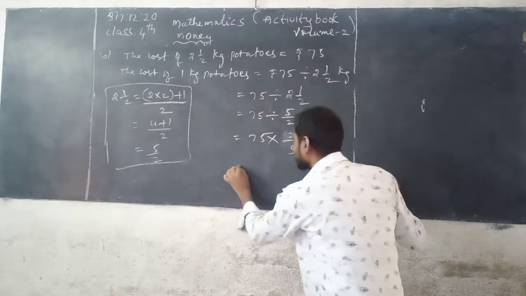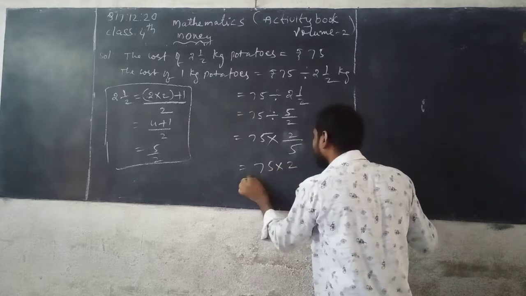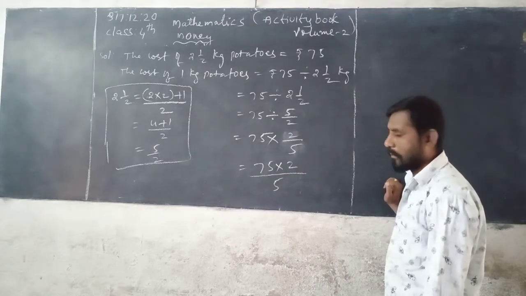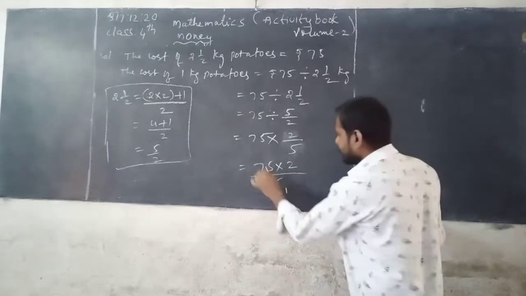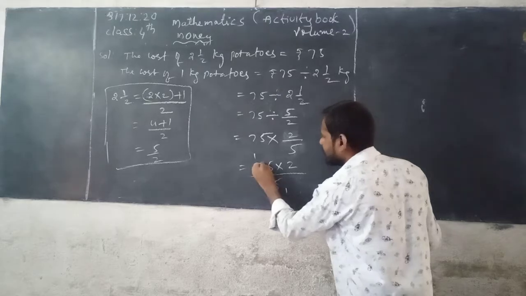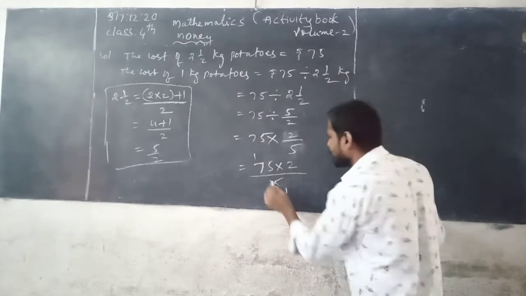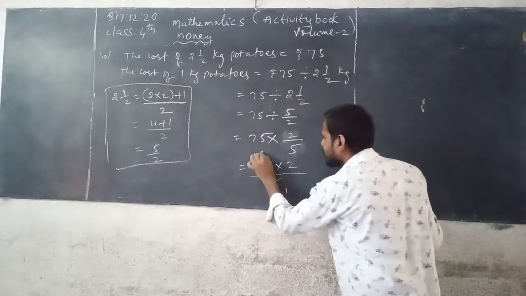Then here you can write like this. The whole number is always multiplied with the numerator. So here 5 ones are 5. 5 ones are 5. So here 7 is there now. 5 ones are 5. How much left? 7 minus 5, 2. 5 5s are 25.